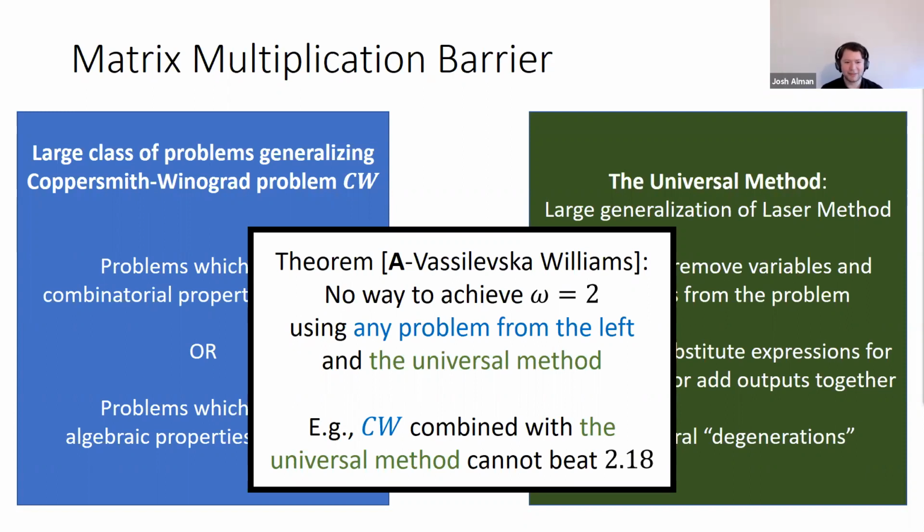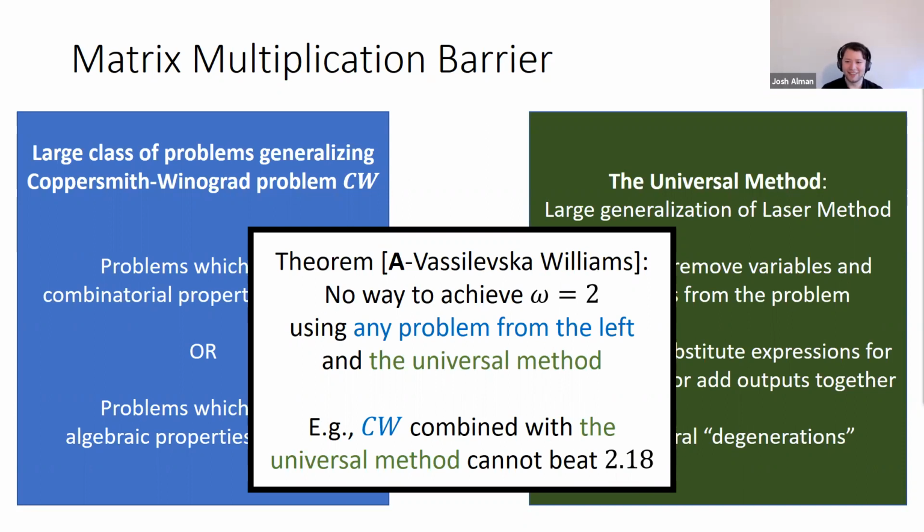And the specific numbers depend a little bit on the details, but for one example, if you want to use the Coppersmith-Winograd problem itself combined with any method within the universal method, you can't beat 2.18 for the exponent of matrix multiplication. So if you want to get all the way to 2 or even beat 2.18, you really have to do something very different looking for at least one of the two components for designing these algorithms.